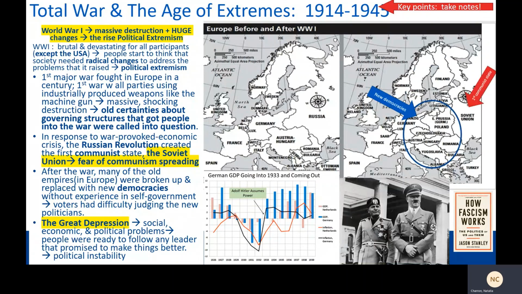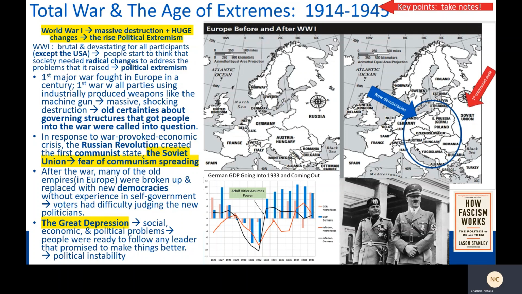So here again, I'm going to go through what might be kind of complicated information. I want you guys to listen first and then pause and take notes at the end. Right. World War I was really the cause of a number of effects that we're going to trace throughout the unit in the 20th century, including the Russian Revolution, the Great Depression, the rise of fascism and Nazism, World War II, etc. So here's how that worked.